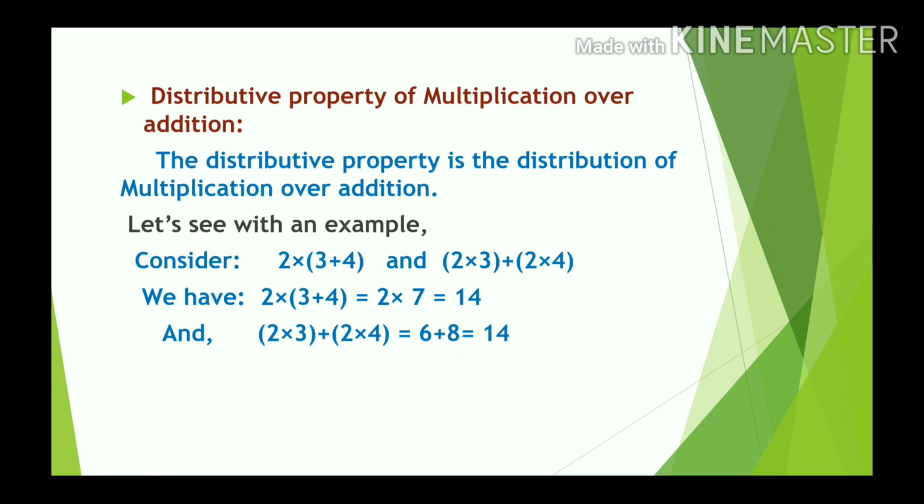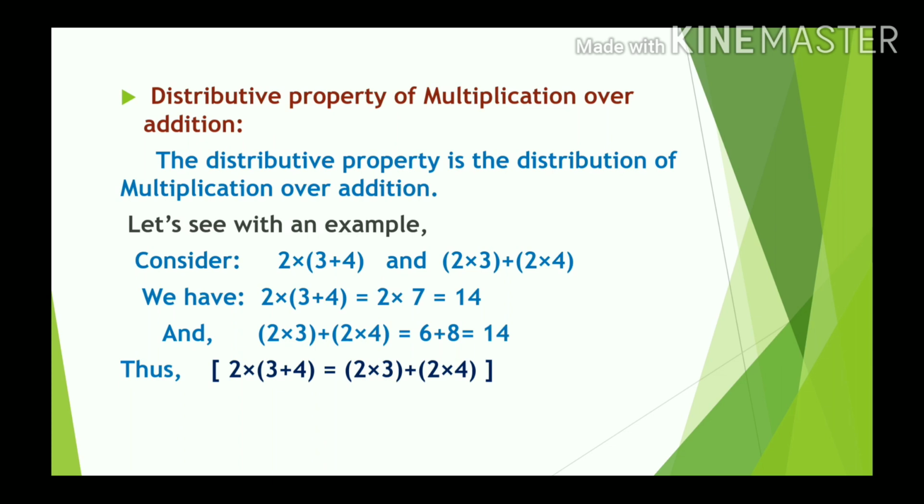So after multiplying we get 14. And 2 multiply 3 plus 2 multiply 4. So here also first we have to solve the bracket ones. So 2 into 3 is equal to 6 plus 2 into 4 is equal to 8. So 6 plus 8 is equal to 14. Therefore we can say 2 multiply 3 plus 4 is equal to 2 multiply 3 plus 2 multiply 4.